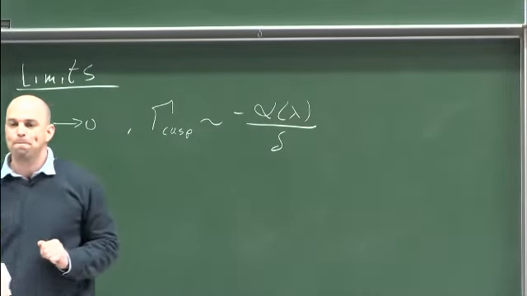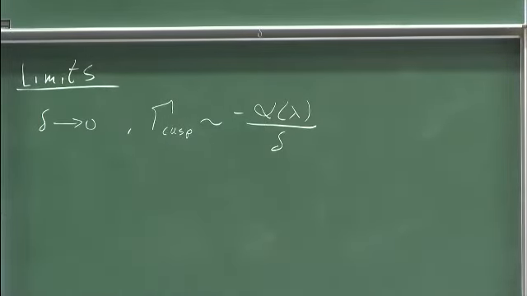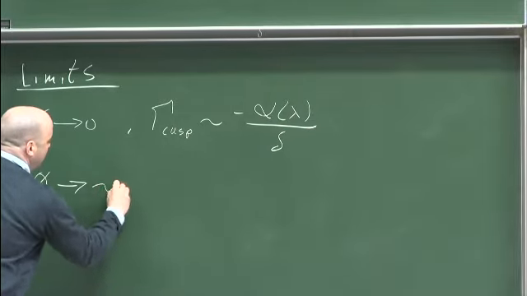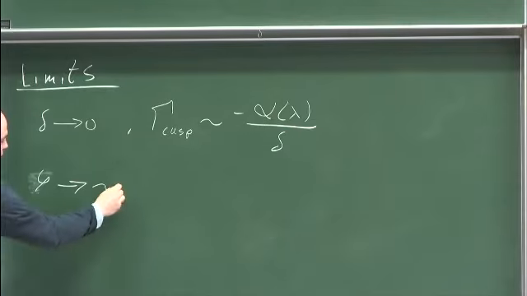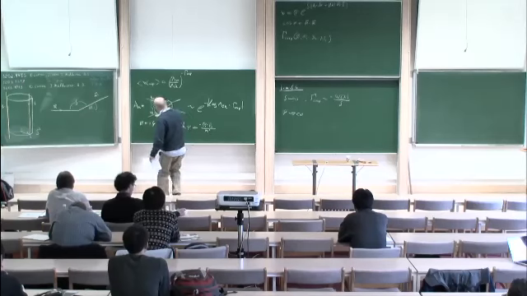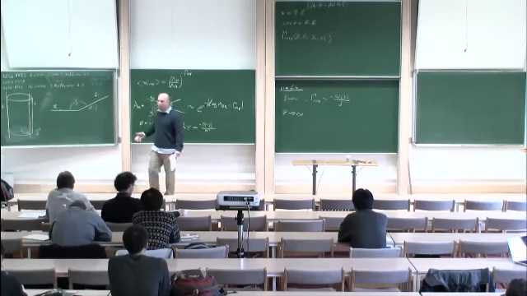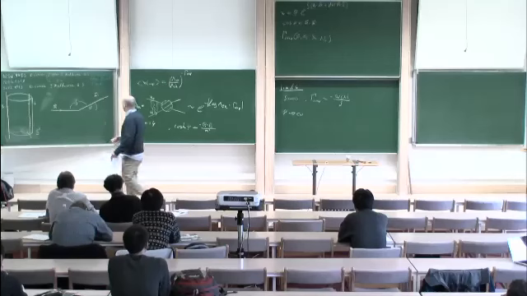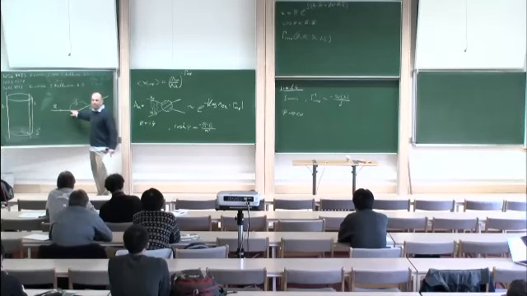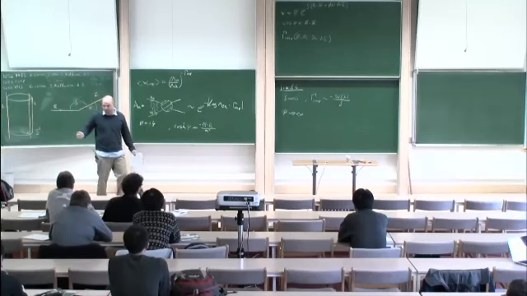Another limit that is interesting to take is the limit where this angle, let me use the angle varphi, this boost angle between the quark and the anti-quark lines, goes to infinity. In this case, it corresponds to the scattering amplitudes of massless particles. So the angle between these two lines is a null cusp.